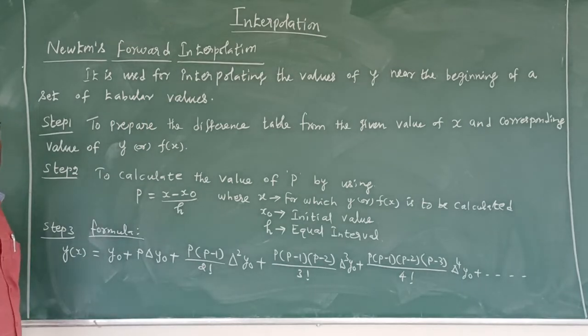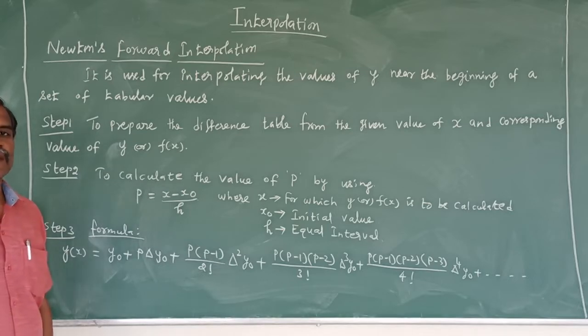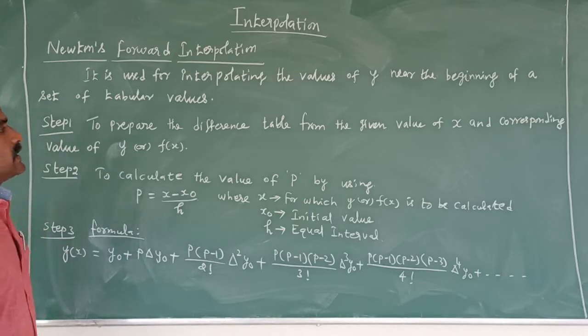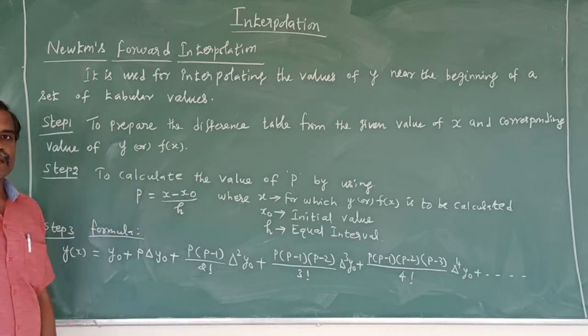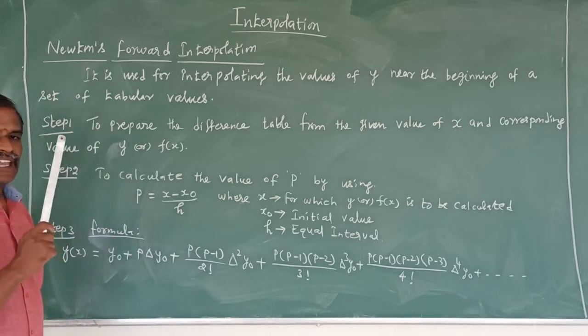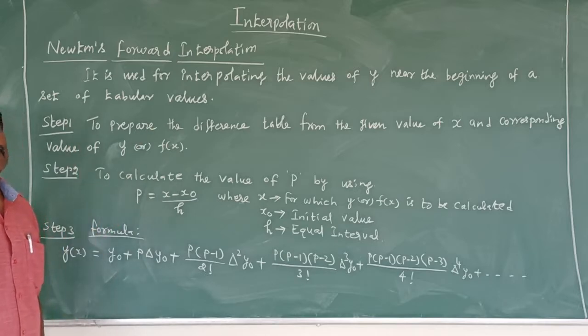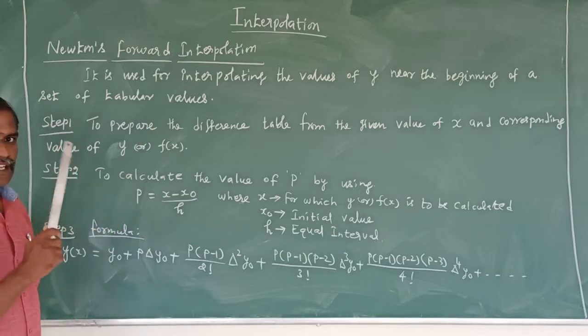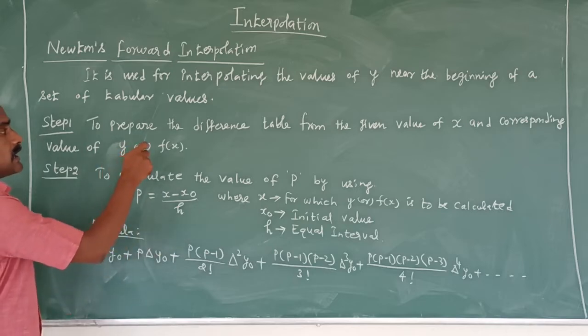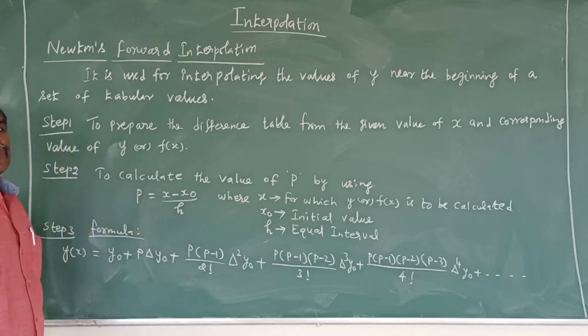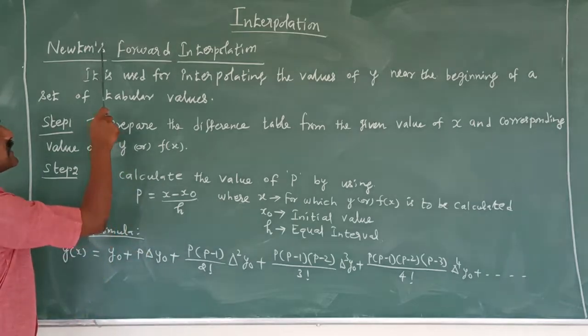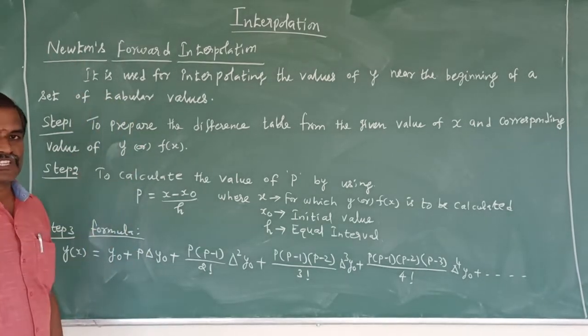We already discussed when Newton's forward interpolation will be used. Remember, in the tabular column, if the given x value, for which we find the corresponding y value, is at the beginning of the tabular column, then we can use Newton's forward interpolation.